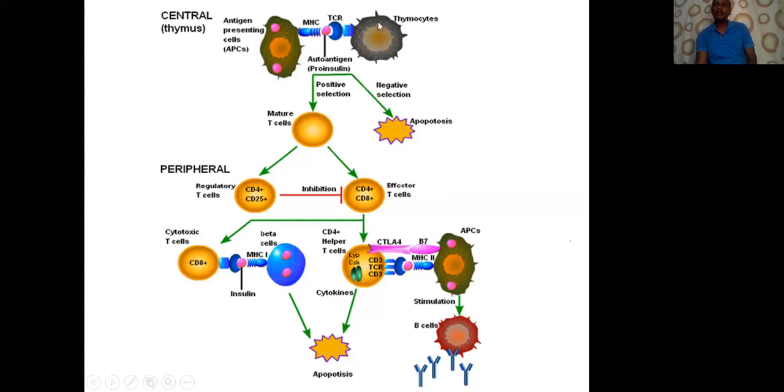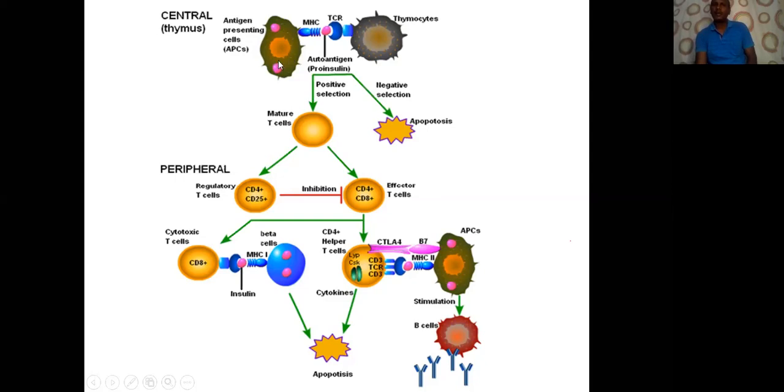Then they are immature, and they become mature T cells, and then they enter into the circulation. This all happens in the thymus. So first, to develop autoimmune disease, this should happen in the thymus.